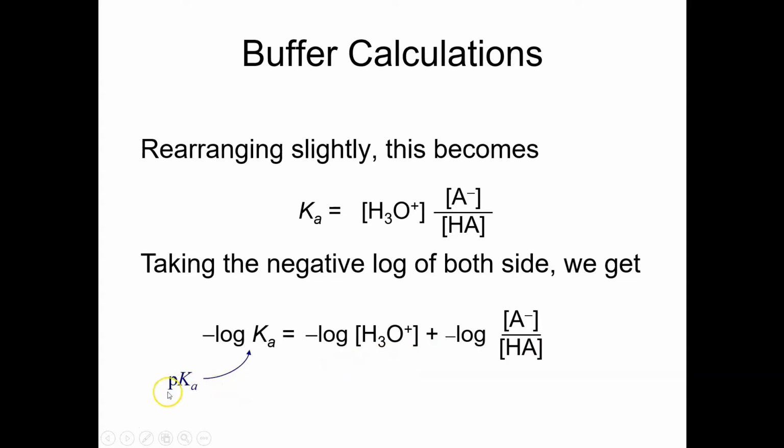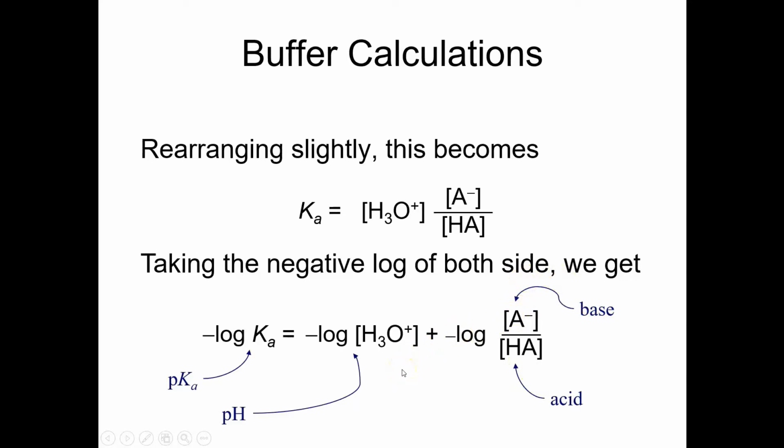It's simply the negative log of the Ka. If the Ka of acetic acid is 1.5 times 10 to the minus fifth, then the pKa is equal to 4.74. I happen to have that memorized. The negative log of hydronium concentration is pH. This is the weak acid that's present, and this is the weak base that's present.